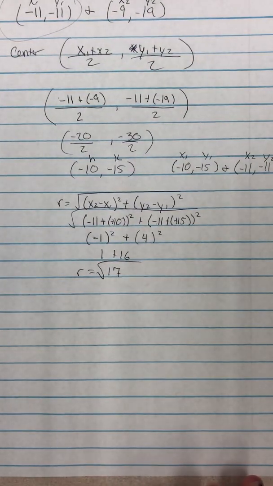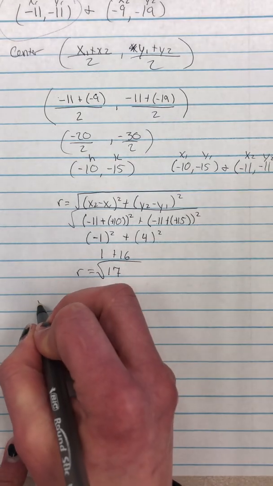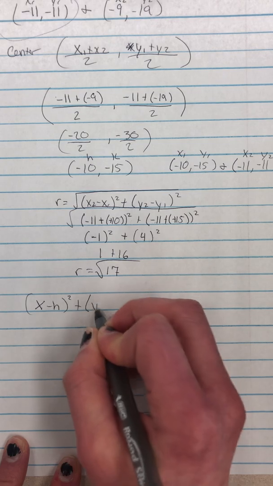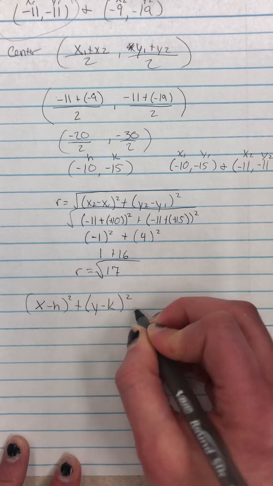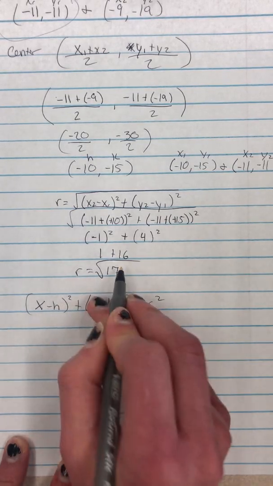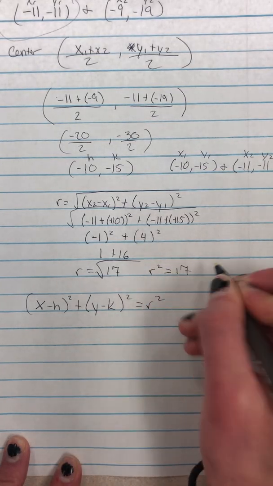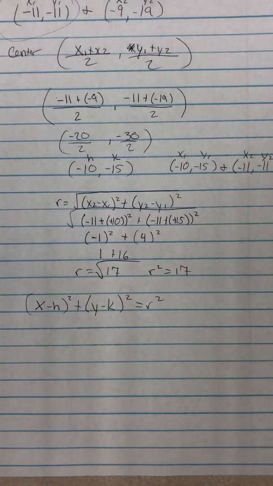We know what the radius is and we know what our center is. We just need to plug it into our formula. So we're going to do x minus h, quantity squared, plus y minus k, quantity squared, equals r squared. Well, if r is equal to the square root of 17, r squared is just the number inside the square root, or positive 17.